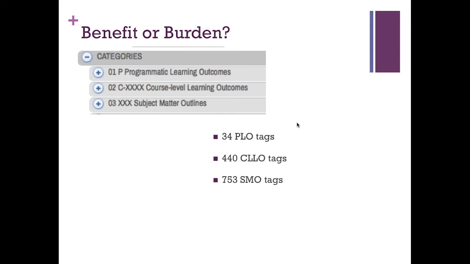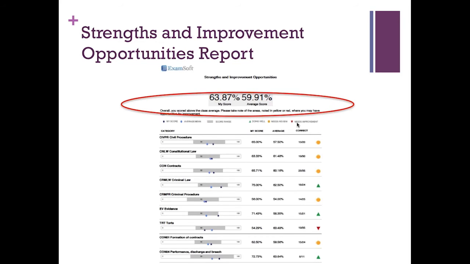So one of the most important reports that we give students after some of these formative assessments that's given through ExamSoft is the Strengths and Improvement Opportunities report. Because we're tagging every single question, we're able to identify to the particular student where they're weak.